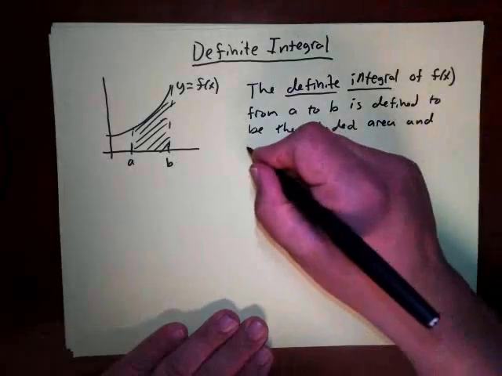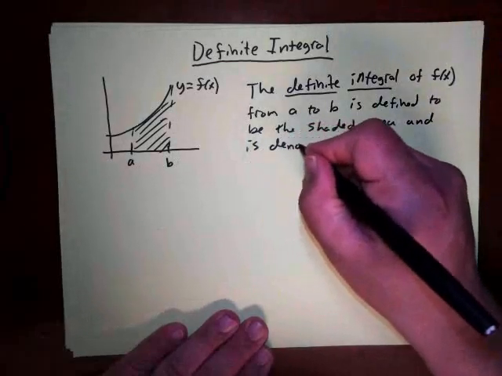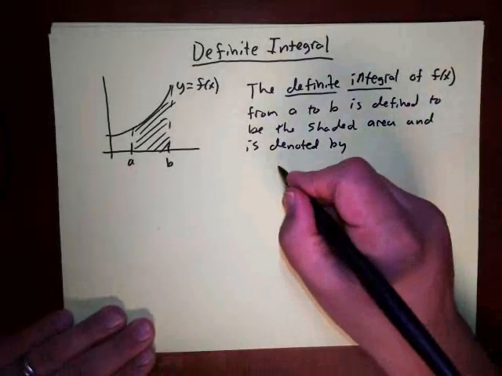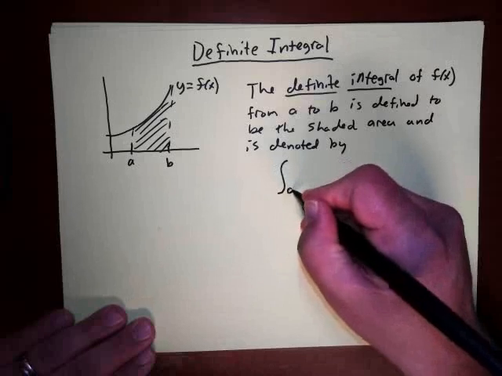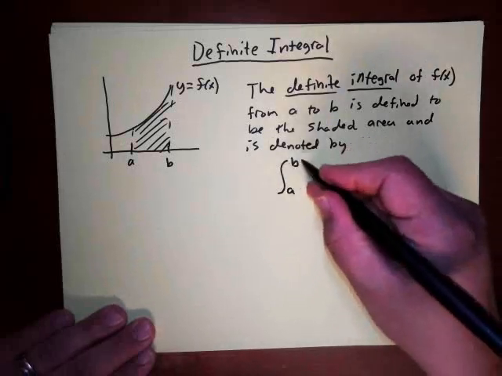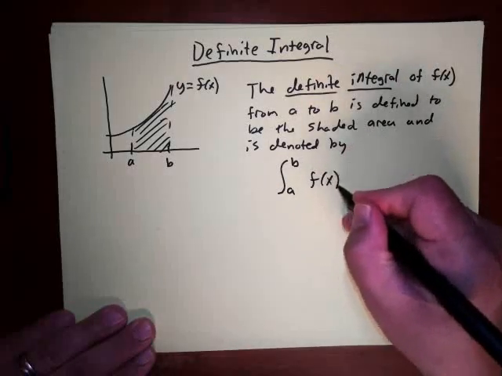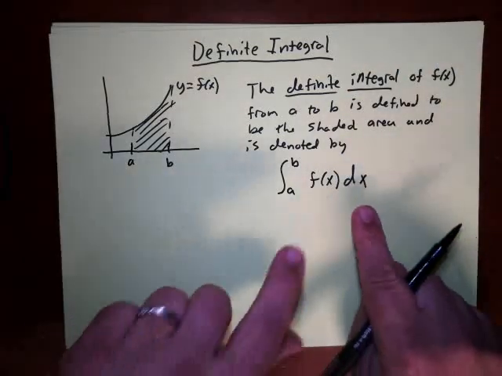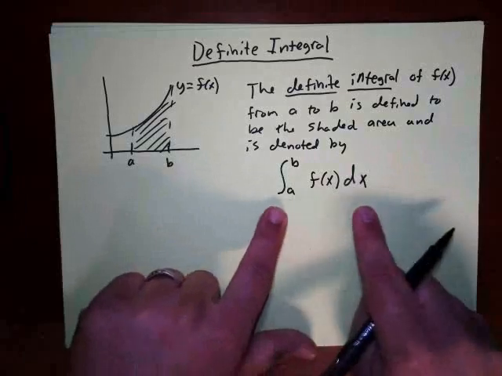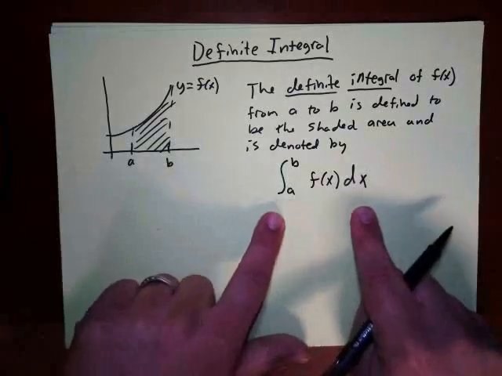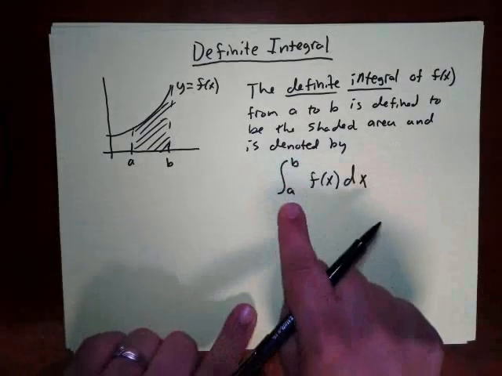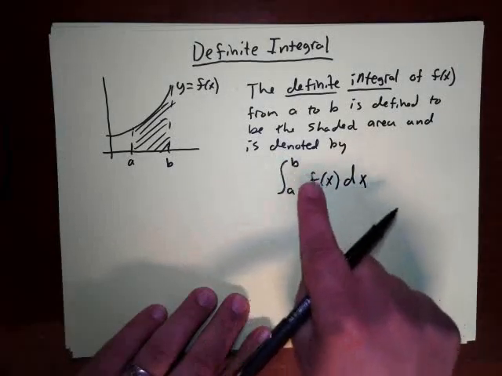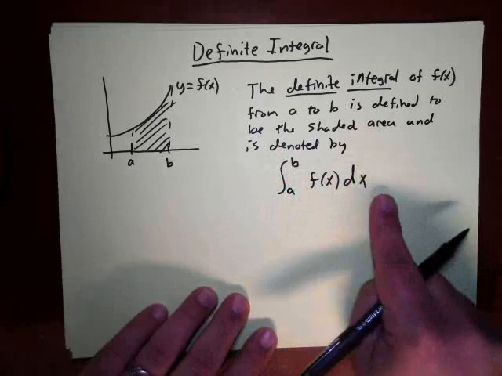and is denoted by the following notation. You have an elongated s from A to B of f of x d of x. This is basically what we use to denote the indefinite integral, except there was no A and B. Okay, it was just an elongated s f of x d of x.